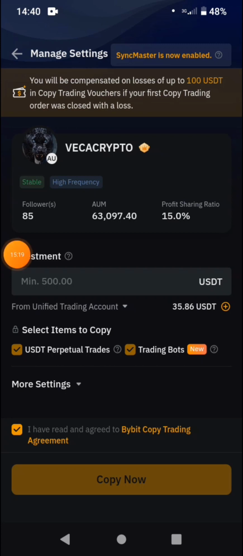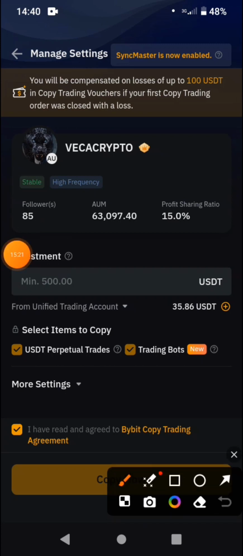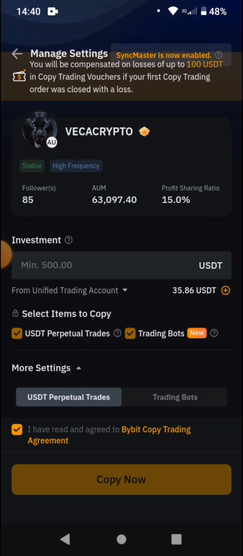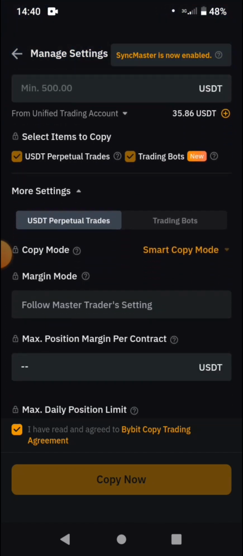So now, again, guys, we have this area for more setting, which is very important, where this arrow is pointing. If you tap more setting, you scroll down. Now we have two types of mode, the copy mode and the margin mode.